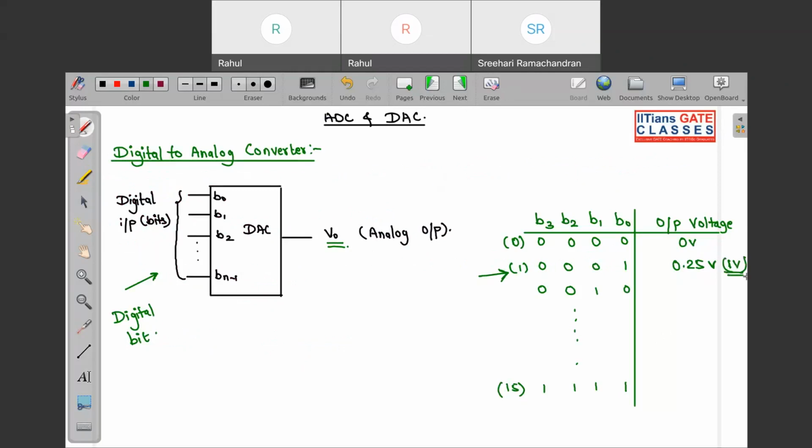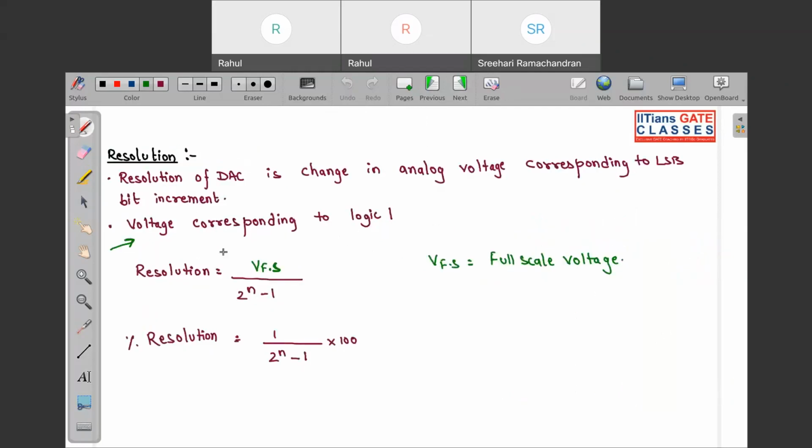Then your full scale voltage will be 15 volt. So resolution is the full scale voltage, 15 volt, divided by 2 to the power 4 minus 1, as we have a 4 bit DAC. That is 15 divided by 15, giving 1 volt. This is the formula for resolution.